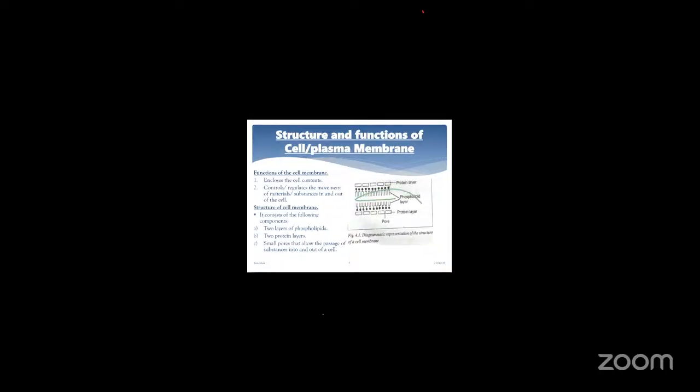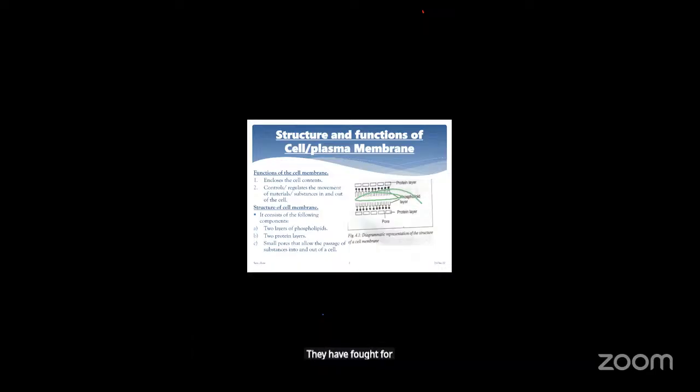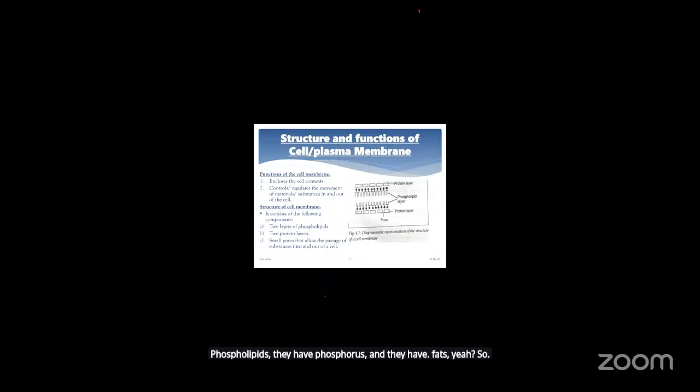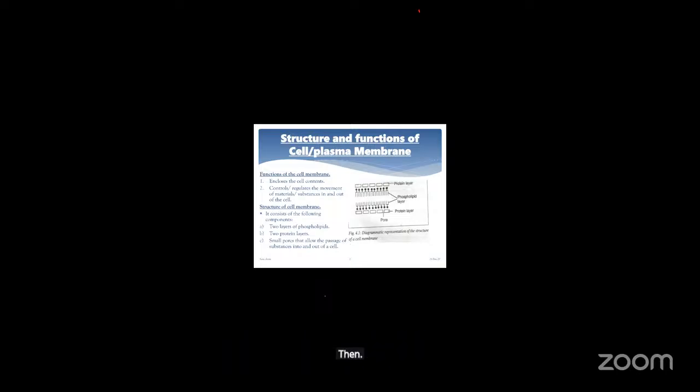phospholipid layers. The reason they are called phospholipid layers is because they have phosphorus and they have lipids, and we said lipids are fats. So a phospholipid layer has both phosphorus and fats. Then it has a protein layer.